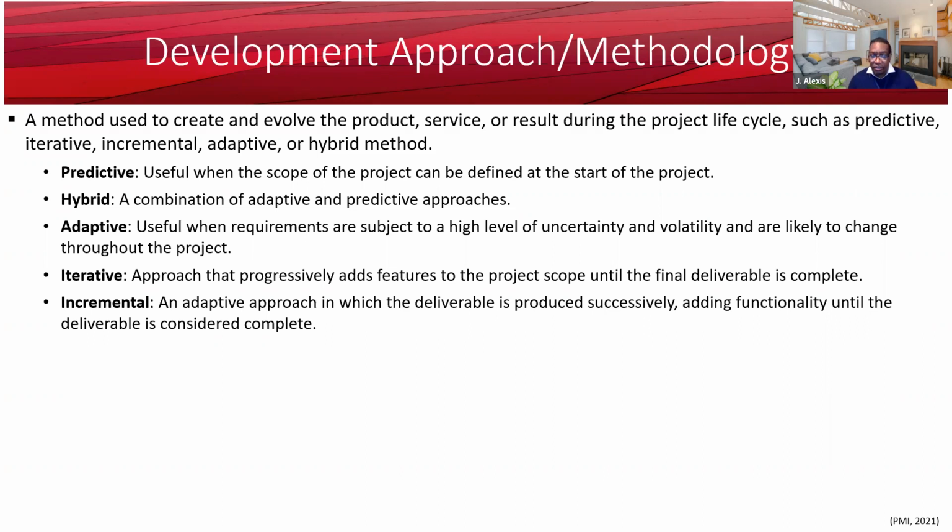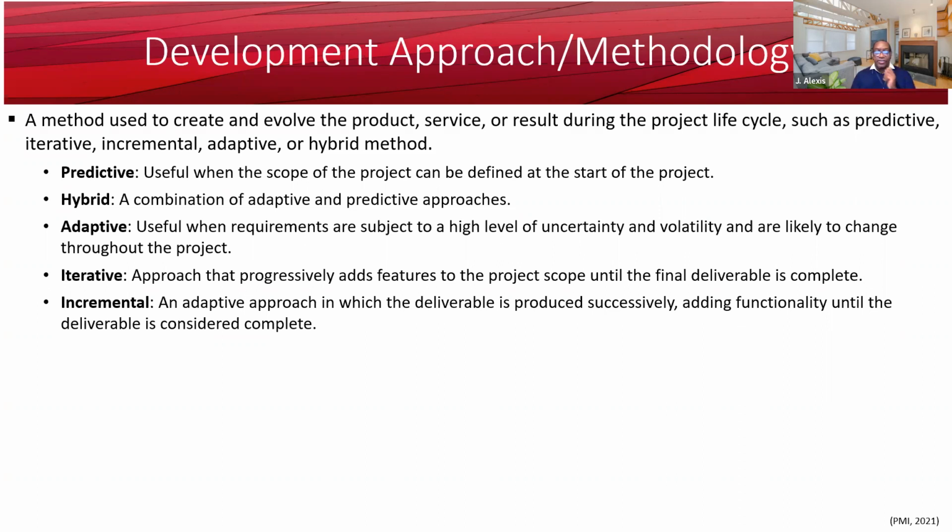Incremental approach is an adaptive approach in which the deliverable is produced successively, adding functionality until the deliverable is considered complete. So what is the difference here? In incremental, you can add functionality until it is complete. In iterative, you divide the project into different parts, and you have iterations that sometimes we call sprints in agile development to deliver the project.